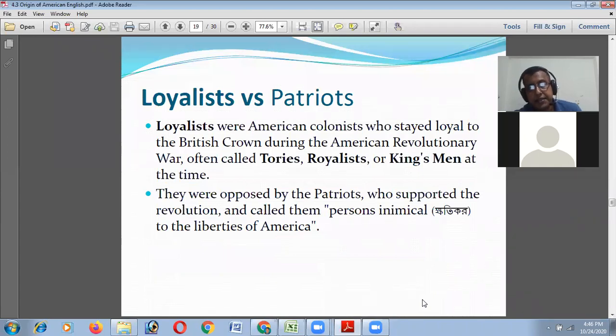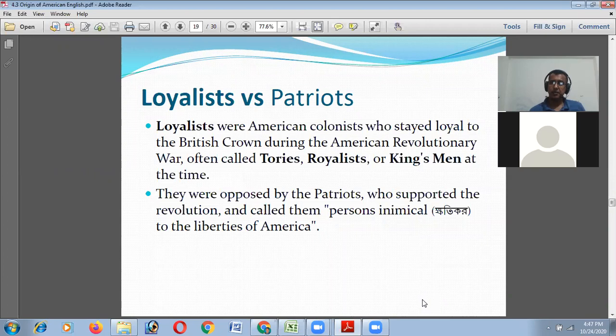And there is another issue over here. At the time of American independence, many people had left England and gone to America. Some wanted to stay loyal to the British Crown. They didn't support the American independence movement. They are called the loyalists to the British Crown. Others opposed them, and they were the patriots.